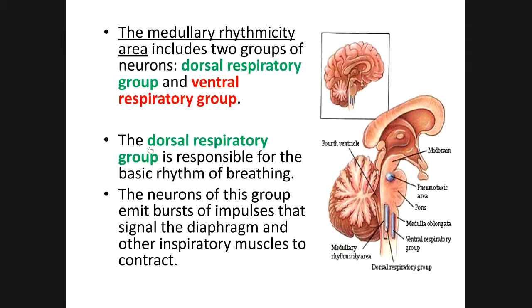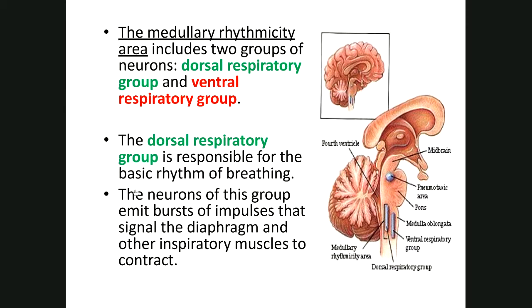The muscles will relax and then expiration will happen. So the dorsal respiratory group is the primary controller, responsible for the basic rhythm of breathing. And in this group, the dorsal group neurons are responsible for inspiration, the diaphragm and the external intercostalis muscle.